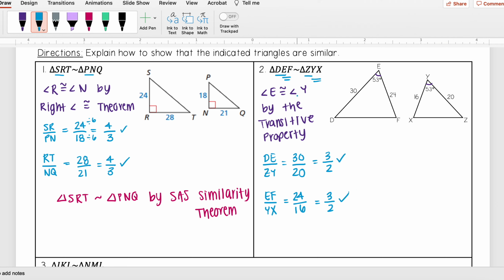So since I have a congruent angle and the sides on either side are proportional, I can say that triangle DEF is similar to triangle ZYX by side angle side similarity theorem.